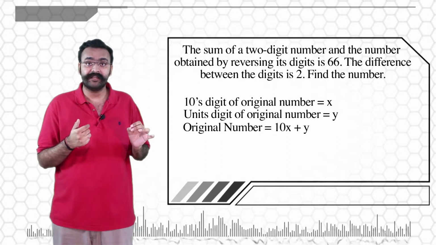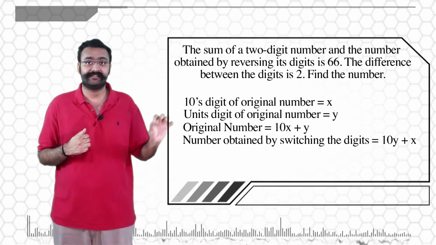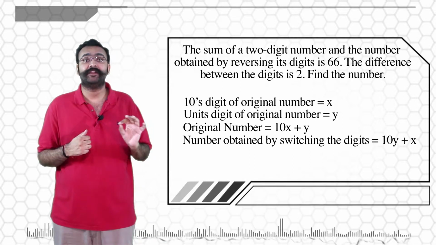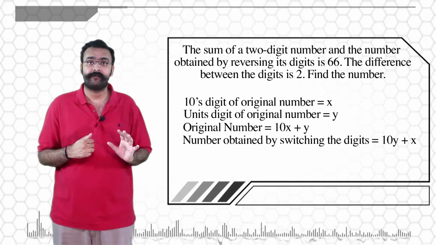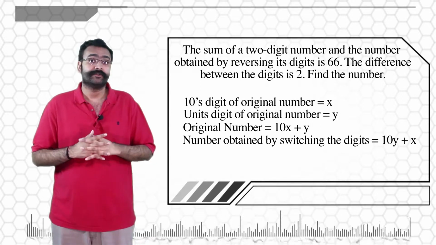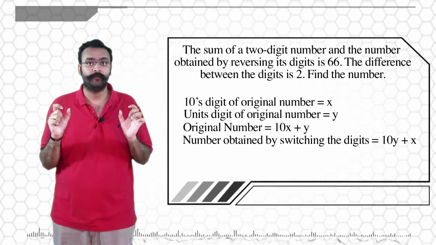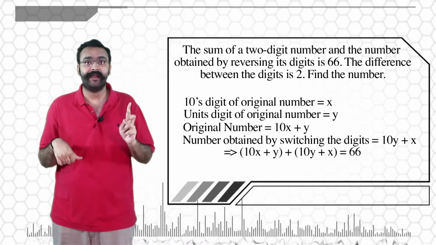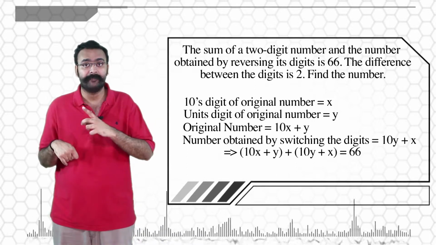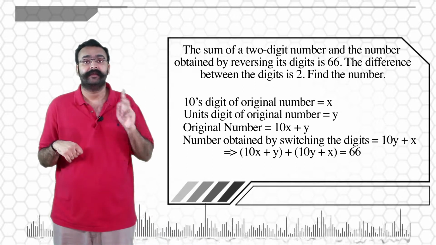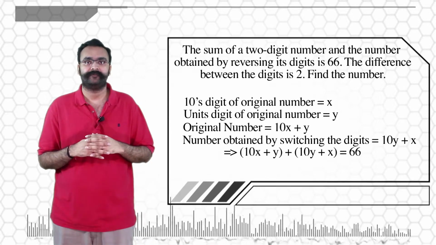Now when I reverse the digits, that means y has come into the tens place and x is there in the ones place. So the value of the reversed number will be 10y plus x. So the first equation we get is, we add these two: 10x plus y plus 10y plus x, number and reversed number, is equal to 66, which was given in the question.